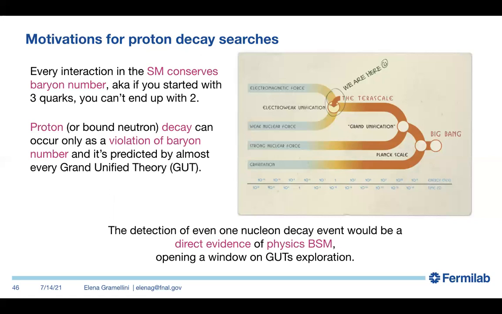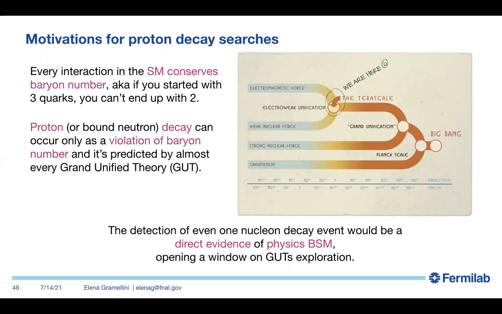But if you look at interactions at higher energies, on this scale here, the electromagnetic force and the weak force actually become the same force, and you have the electroweak force. And there are grand unified theories that tell you that if you go high enough in energy, your electroweak force and strong nuclear force are the same force.